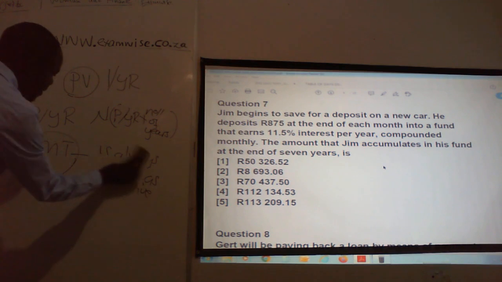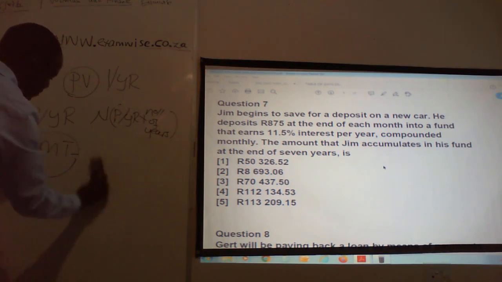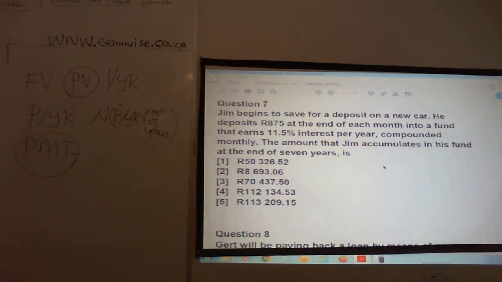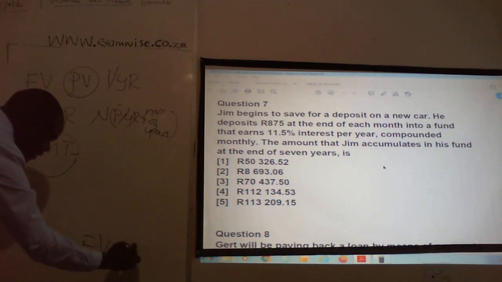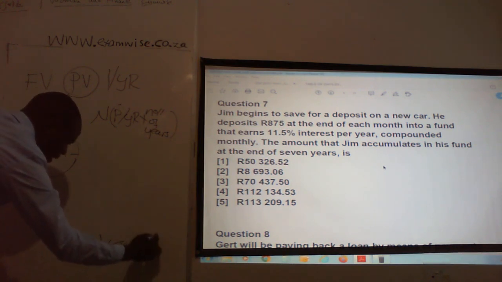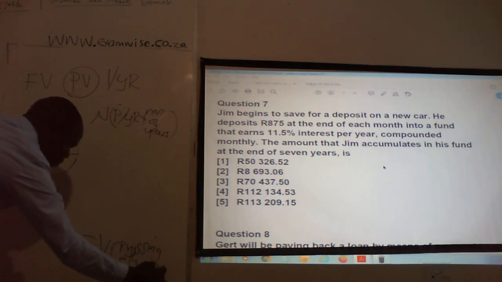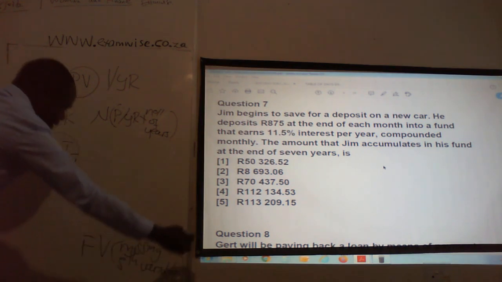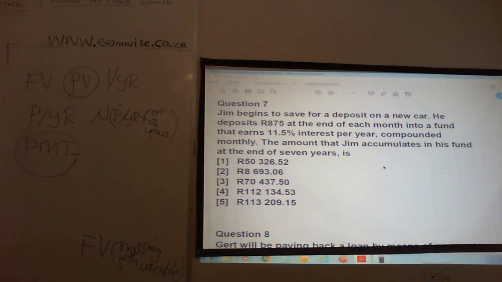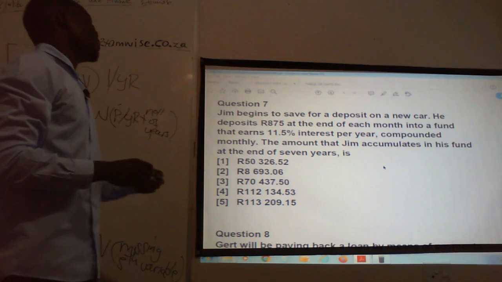So the missing variable here which we need to calculate is our future value. We need the 4 other variables so that we can calculate our missing variable. Very important as well.